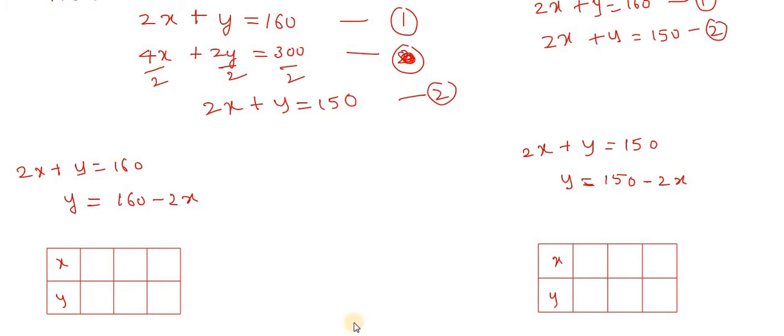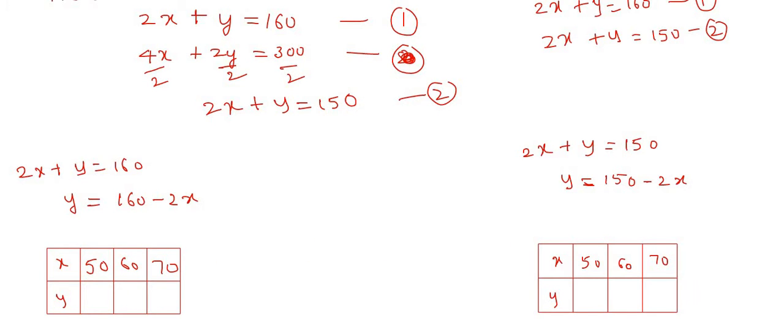You can take any values, but when you see the RHS it is 160, so try to take values like 50, 60, 70. If we take that, we'll see what we get. Here also take 50, 60, and 70.